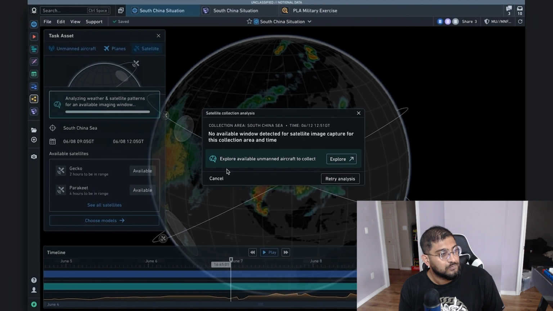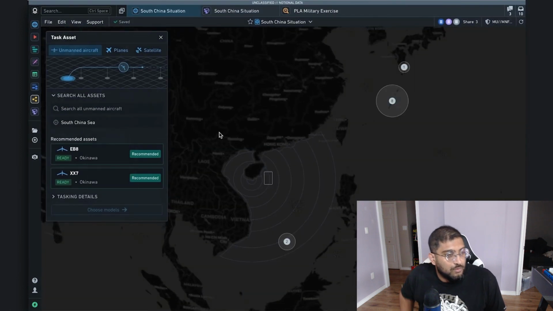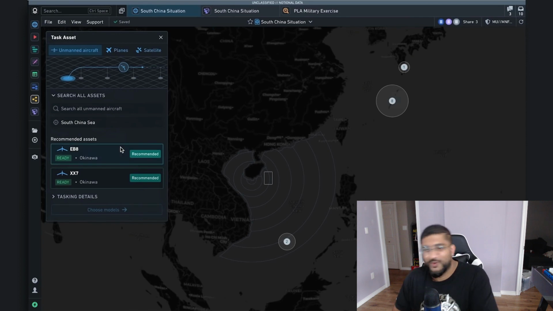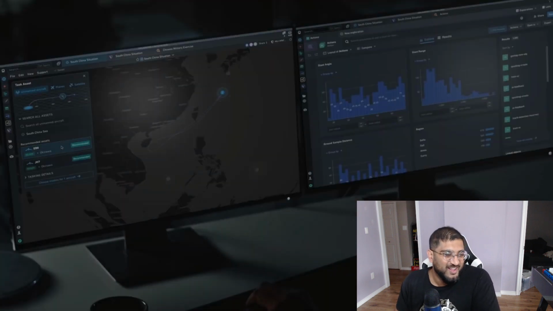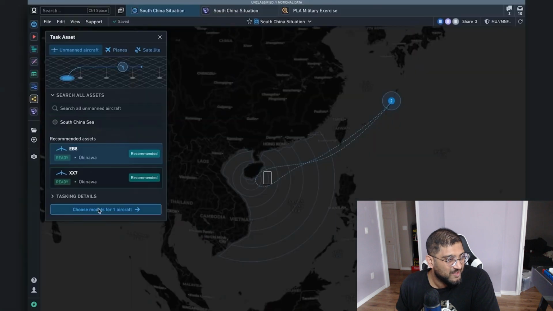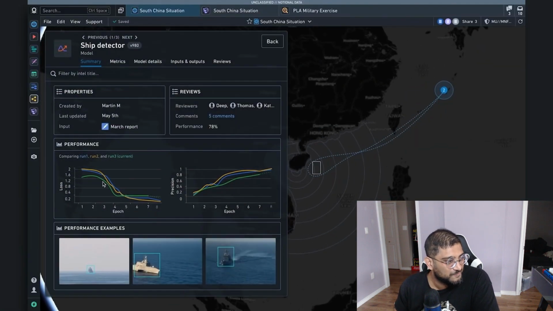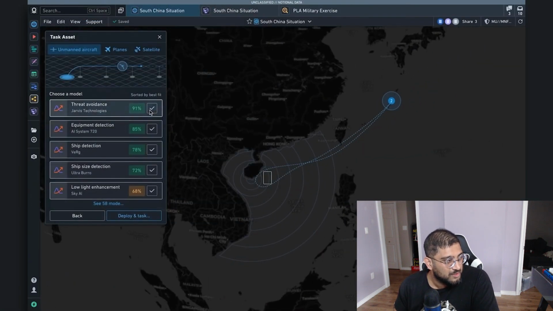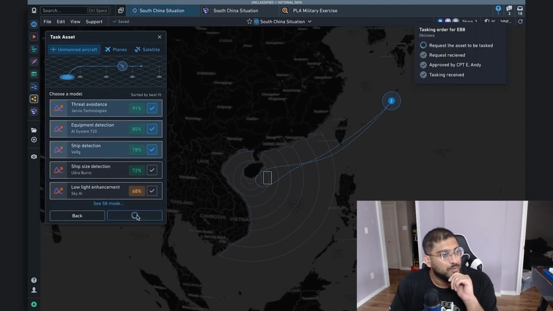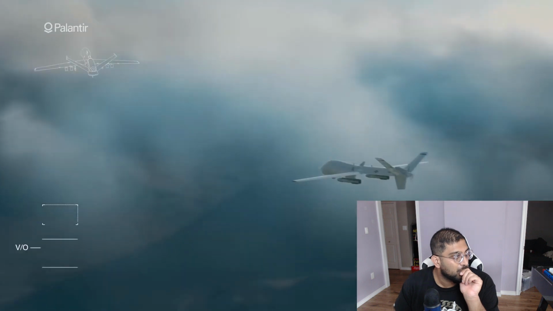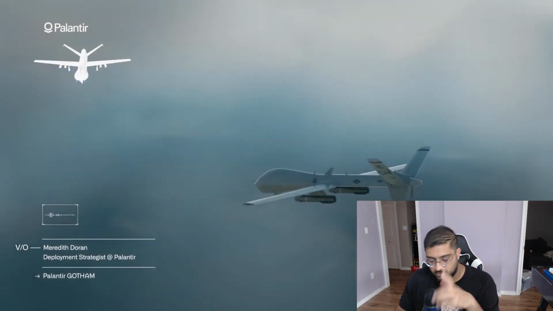Based on what is capable and ready, the system recommends a few alternatives. The best option is an aircraft from Okinawa. Before finalizing the selection, analysts deploy the latest micromodels, trained to avoid incoming threats, identify military equipment, and detect military ships. The unmanned aircraft receives its mission and prepares for takeoff. Time is ticking, and they need to find the ship quickly.